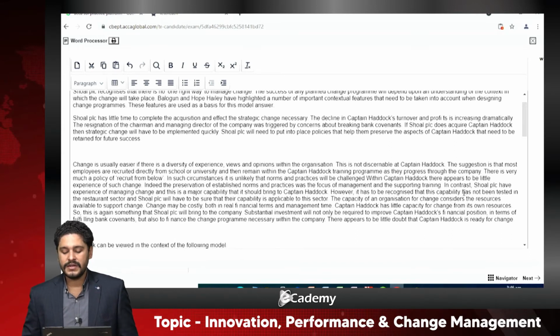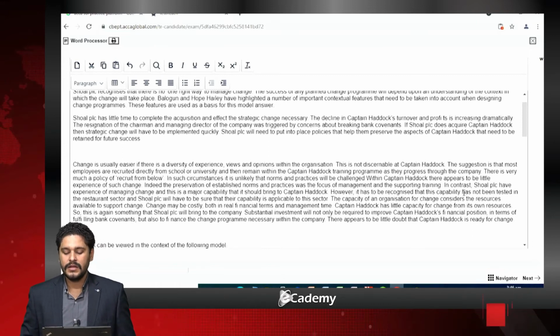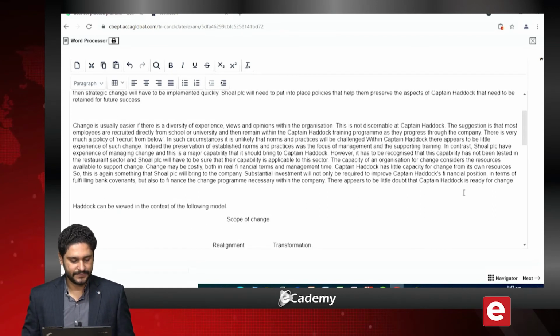If Shoal PLC does acquire Captain Haddock's, then strategic change will have to be implemented quickly. Shoal PLC will need to put into place policies that help them to preserve the aspects of Captain Haddock's that need to be retained for future success.